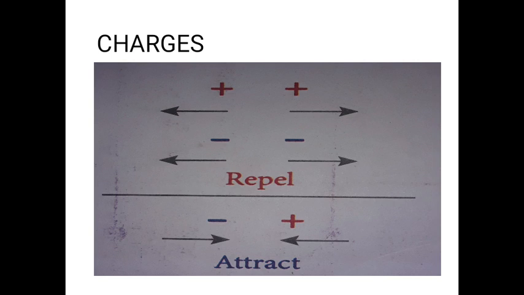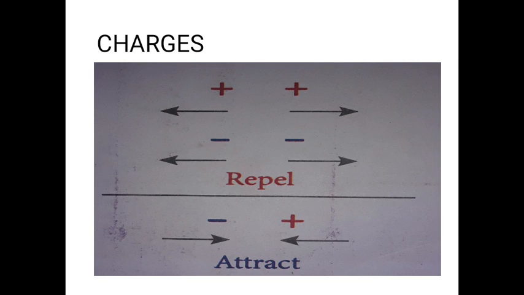Next is charges. Charge, or electric charge, is the basic property of matter. You all know that there are 2 types of charges, positive charge and negative charge. Another important statement regarding charges is that charges can neither be created nor be destroyed.